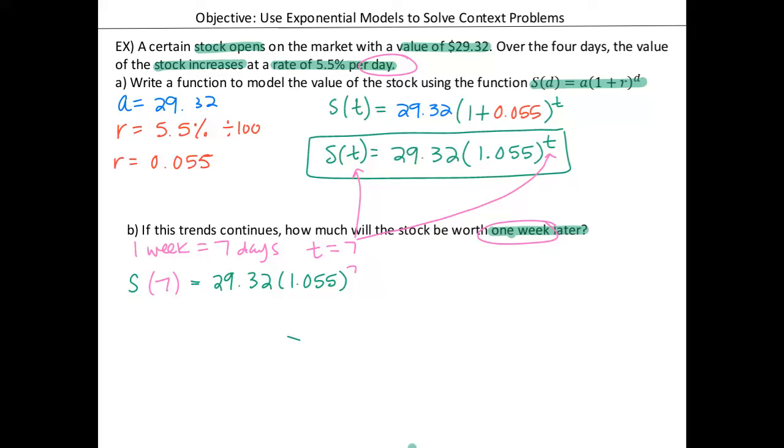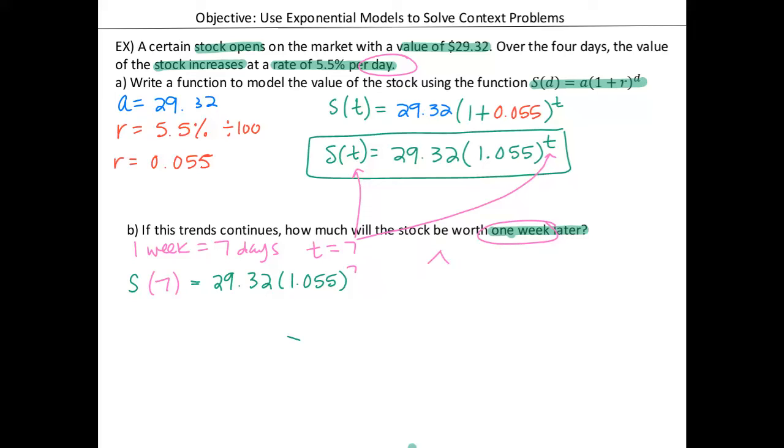Okay, so again, you're going to grab your calculator, and then you guys all need to practice this. So grab your calculator. You're going to do $29.32, so 29.32. You're going to open a parenthesis, then 1.055, close the parenthesis, and then to get to the power of 7, you're doing the caret key that's on top of the x squared.